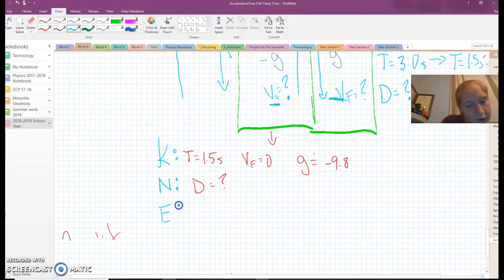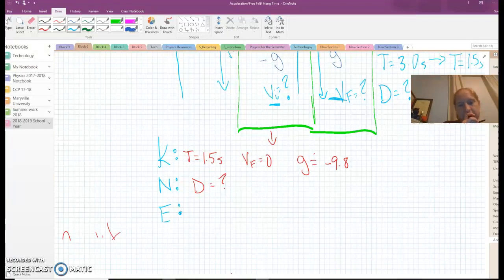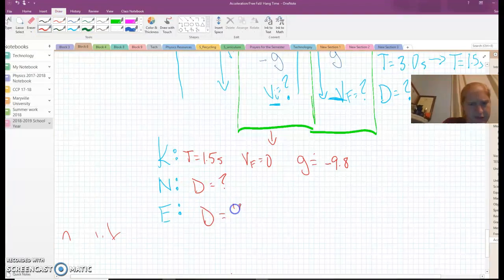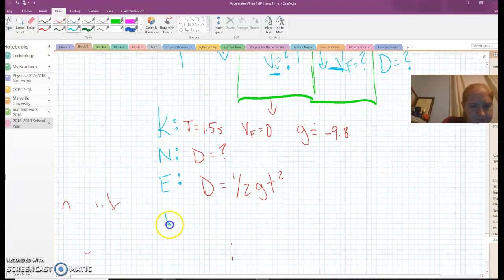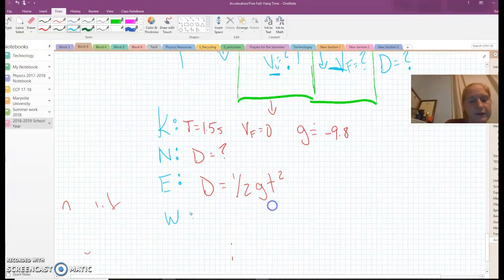What equation has gravity and time and distance? I'm solving for distance. I think distance equals 1/2 GT squared. Wait, okay. So my W. Got it? I'm going to solve it out. So distance equals, plug and chug, 1/2. I'm going to be lazy.